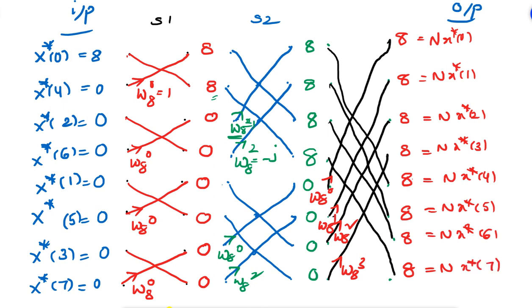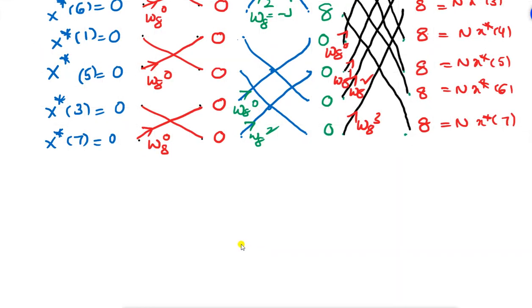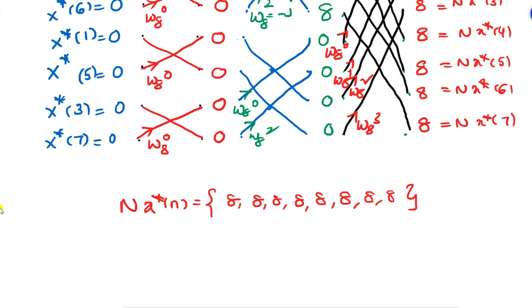Actually we require x of n. But here we got the sequence n times x conjugate of n, and the sequence obtained is 8, 8, 8, 8, all 8s.